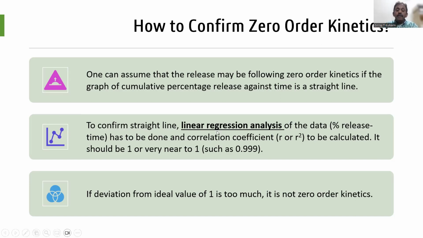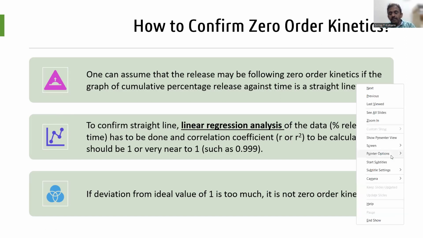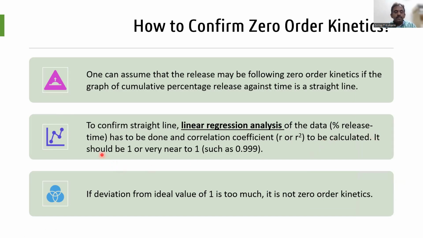Normally, if it is a straight line, the correlation coefficient is supposed to be 1. The R square value is supposed to be 1. Most of the times, if we don't get exactly 1, then it should be near to 1, like 0.999.